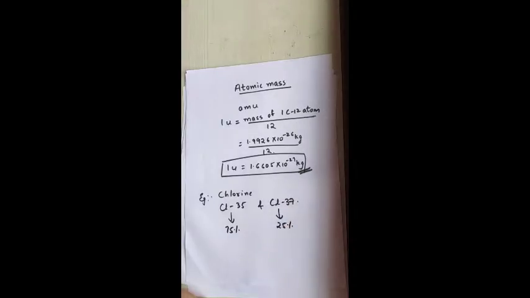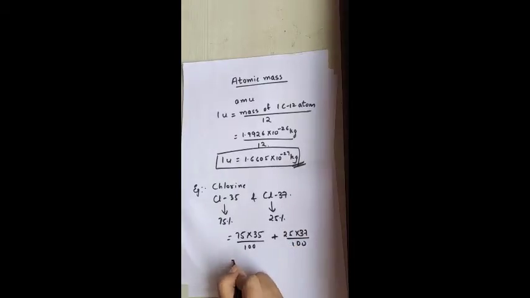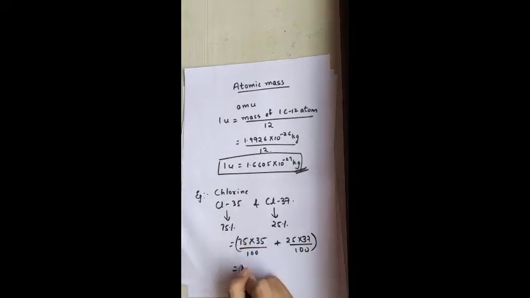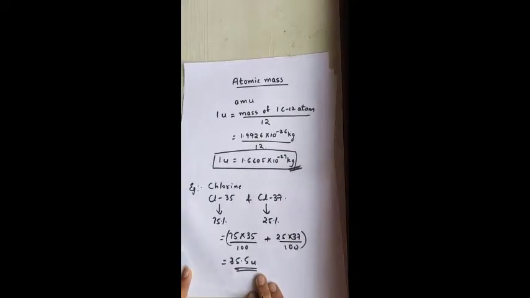Therefore, the average mass of the chlorine atom is (75 × 35)/100 + (25 × 37)/100, which gives around 35.5 atomic mass units. So 35.5 u is the atomic mass of chlorine.